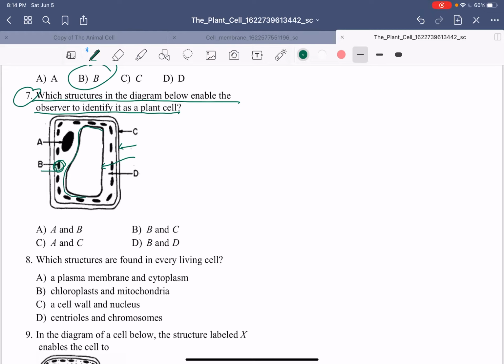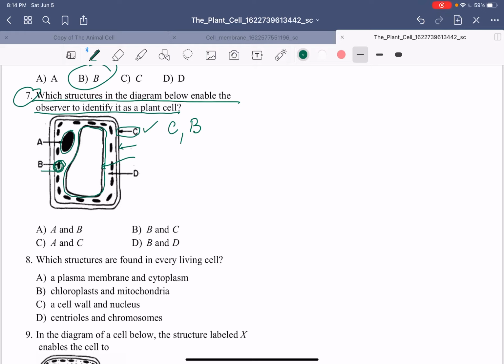This right here is the large central vacuole. It only has 1. So without even looking at your choices, they're labeling the cell wall. So it's definitely C. And they label the chloroplast B, but they're not labeling anything else.